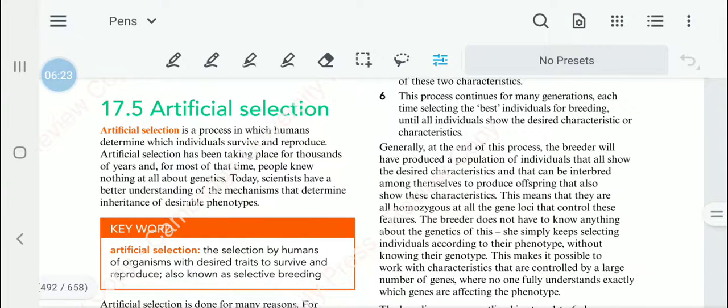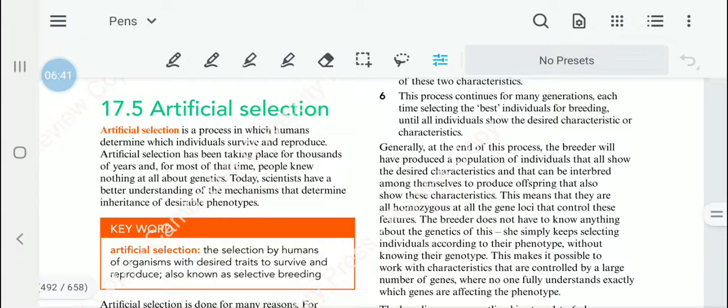At the end of the process, all the plants would have the desired characteristics and can be made to interbreed among themselves to produce the same characteristics.